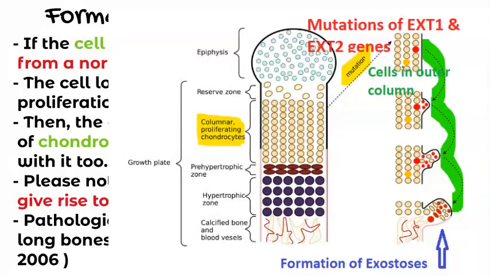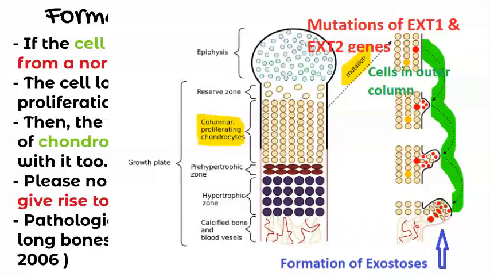This figure shows the formation of exostosis in the area of the growth plate. We can see the epiphysis, then the growth plate, with the reserve zone, proliferating zone, hypertrophic zone, and the calcified zone.